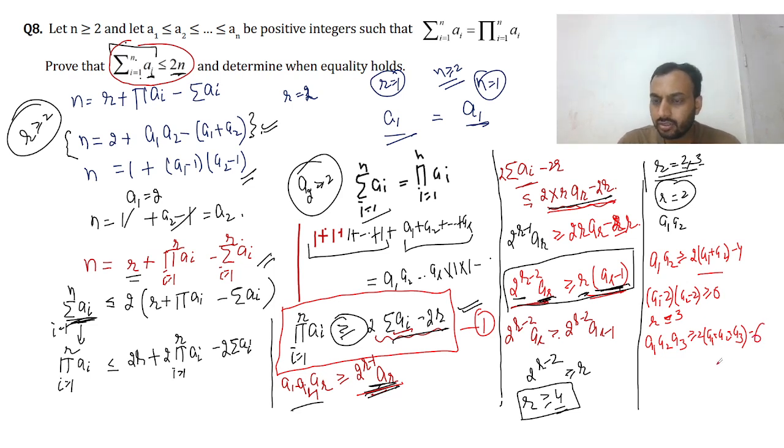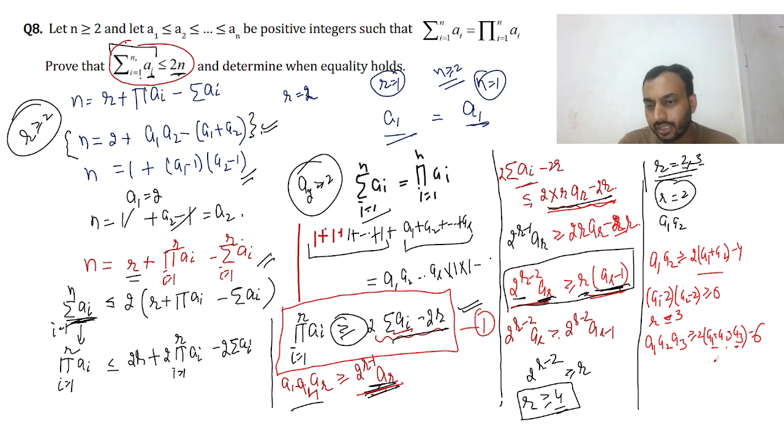So again you can see the left hand side minimum value is 8, and correspondingly the right hand side value, when we put a1 a2 a3 all equal to 2, is 2 times 6, which is 12, minus 6 is 6.